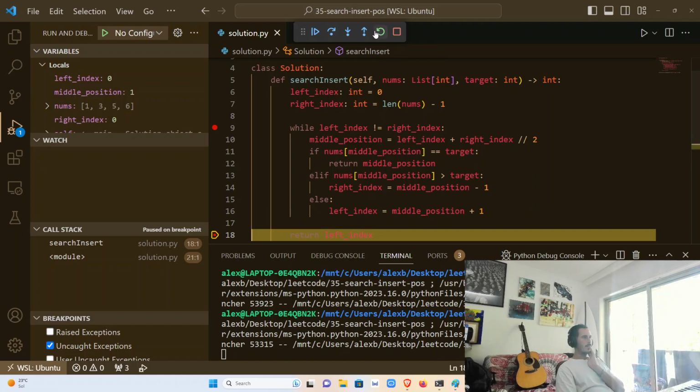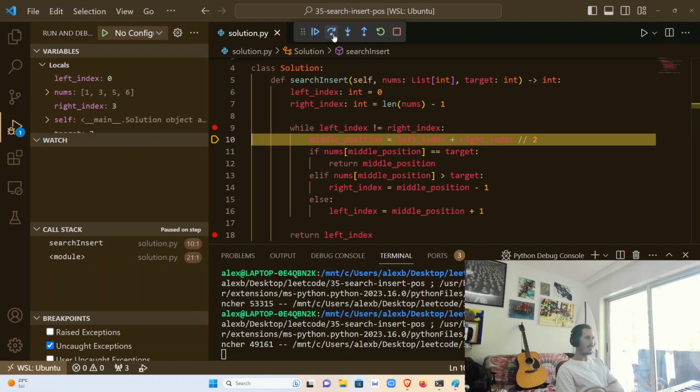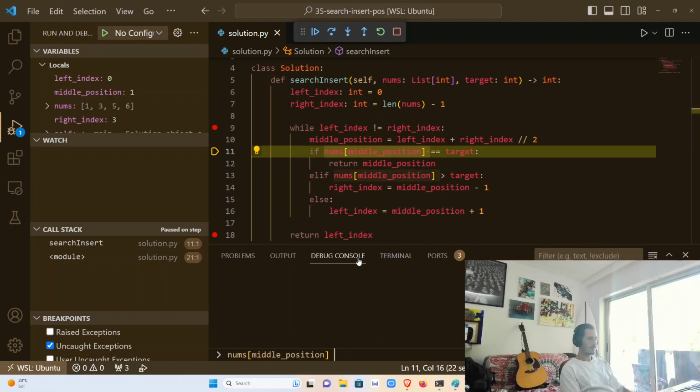Okay, so let's go again. I'm having a tough time just getting the center. So 0 plus 3 equals 3 divided by 2 is 1. The number in the middle position is 3, and our target is 2.